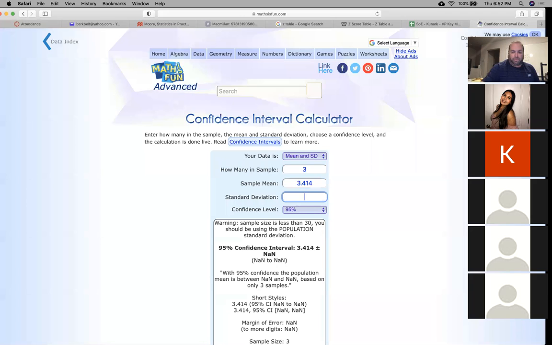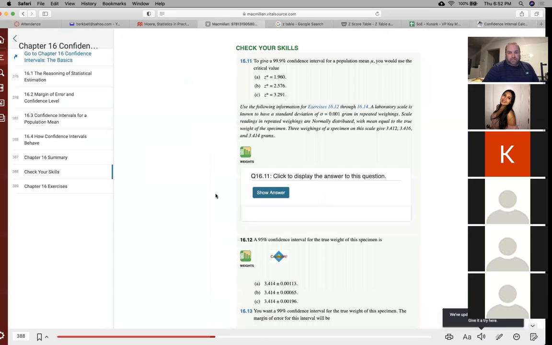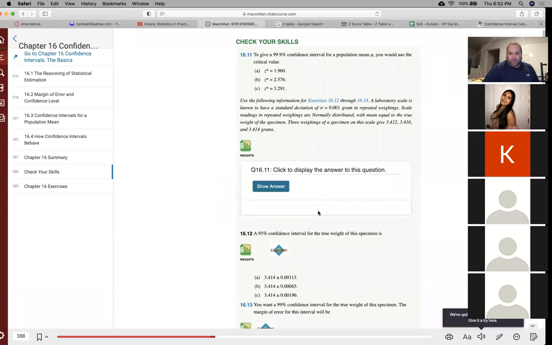Deviation was, I think, 0.001. Confidence level was 95%. And so there it is: 3.414 plus or minus 0.00113. That was just the first Google link that I could find. Does that make sense? I hope so.